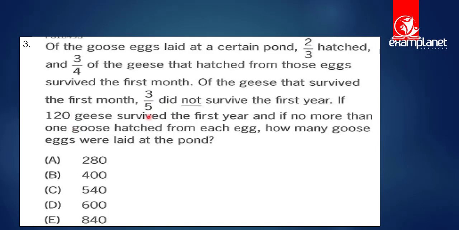When we are given a number like this, it is possible they now ask you for a number or a fraction again. There can be another kind of question where only fractions are mentioned all through, no number, and they ask you for a fraction again, like what fraction of, or a percent, or a ratio.